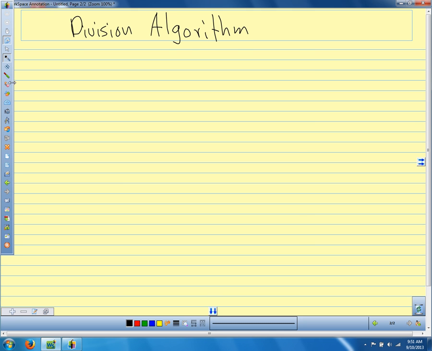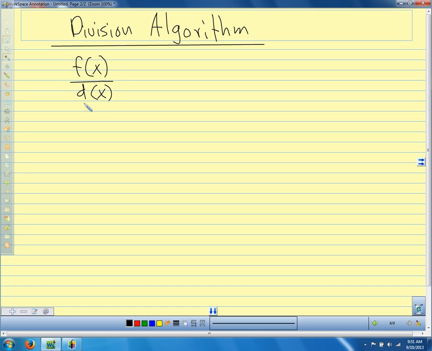The division algorithm basically guarantees us that if we have an improper fraction, we can divide and find the things like we just did. So I'm going to say f of x and d of x are polynomials. And we're talking about polynomials here. So f of x divided by d of x is an improper fraction.